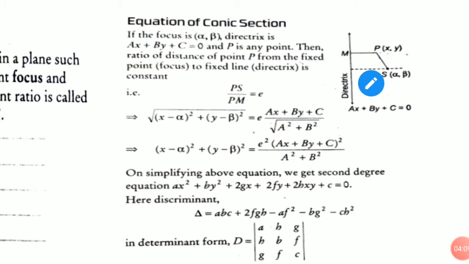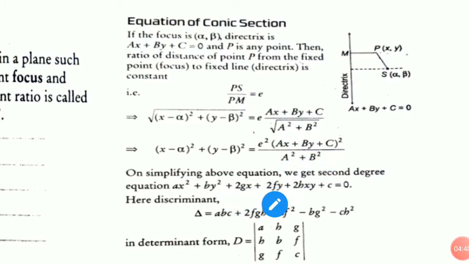You know the formula for the perpendicular distance from a point to a given straight line: ax plus by plus c upside, and downside the square root of a square plus b square. Now remove the square root by squaring, so E square times a square plus b square equals ax plus by plus c square.